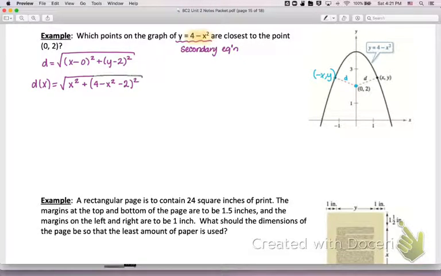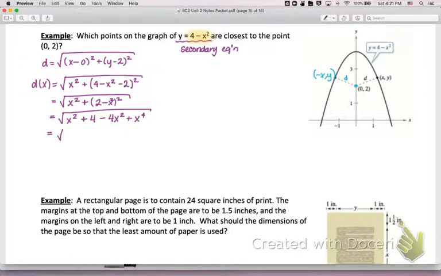That's now our function all in terms of x. Now we can do a little bit of simplifying here. So we get the square root of x squared plus (2 minus x squared) squared. And when we square everything out, we get x squared plus 4 minus 4x squared plus x to the 4th. And that leaves us some like terms.